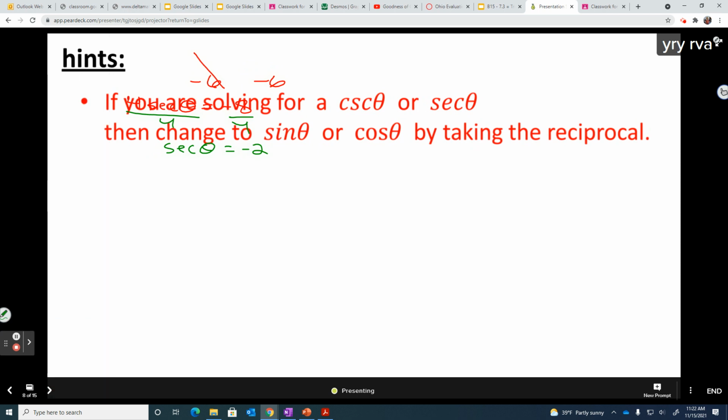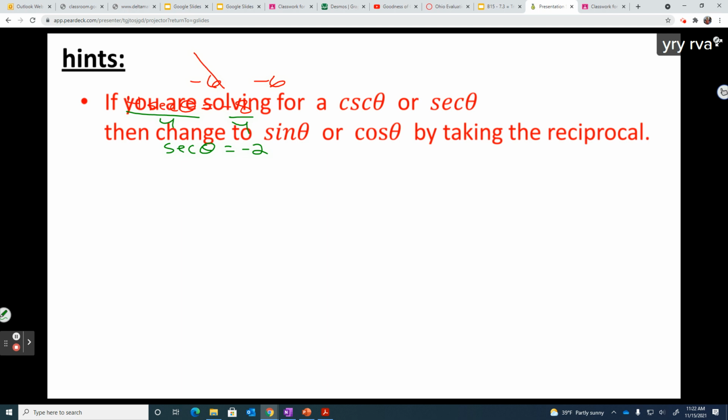So if you're solving for a cosecant or a secant, we're actually going to change it to a sine or a cosine, because you can do that. They all have pairs, right? And then you're just going to flip it. It's a lot easier to think of a sine or cosine because we know those are just x's and y's. So basically, we just flip both sides. We take the reciprocal.